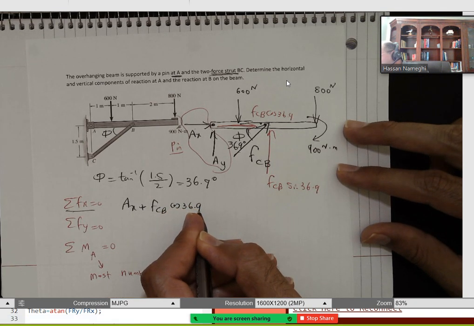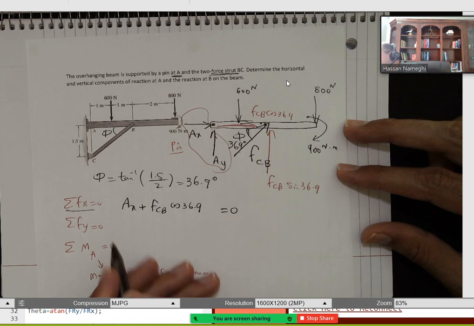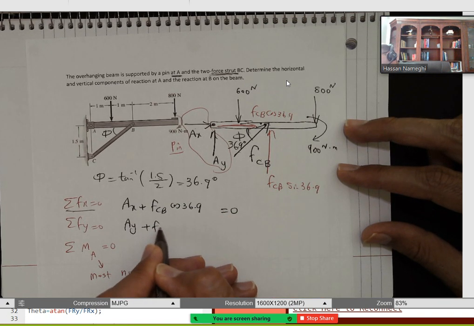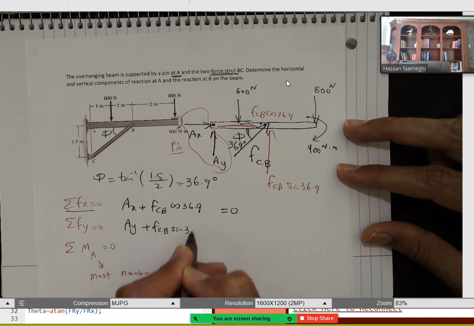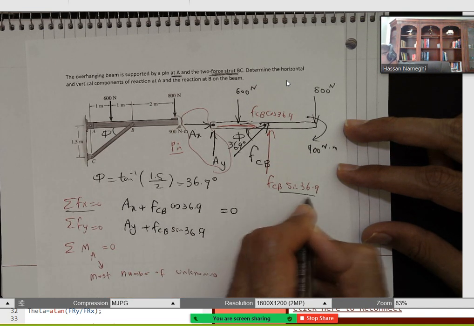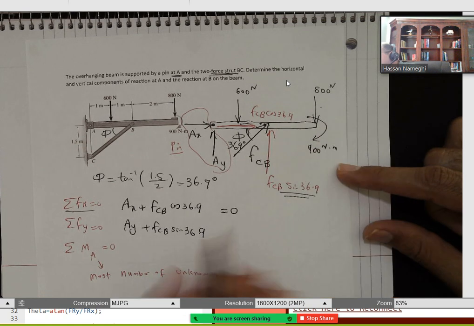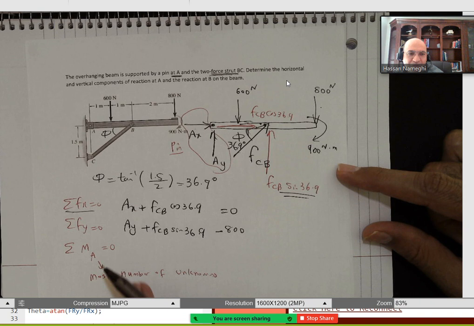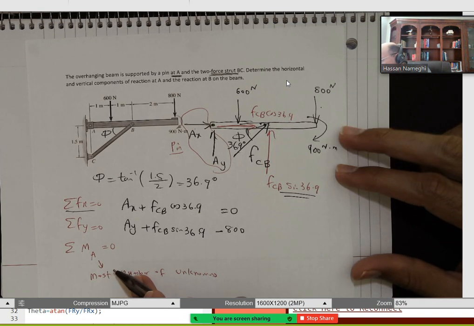What else do I have on the x? Nothing else. This is equal to 0. On the y I have AY plus FCB sine 36.9, which is this one, minus 800. I'm good with that.